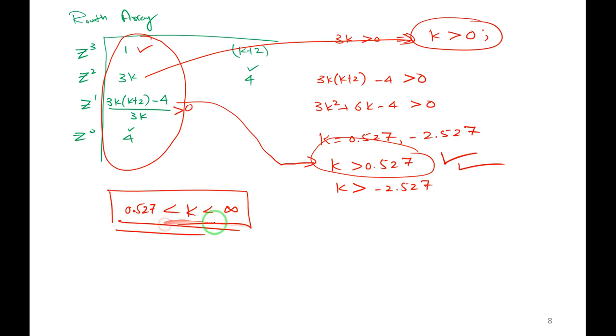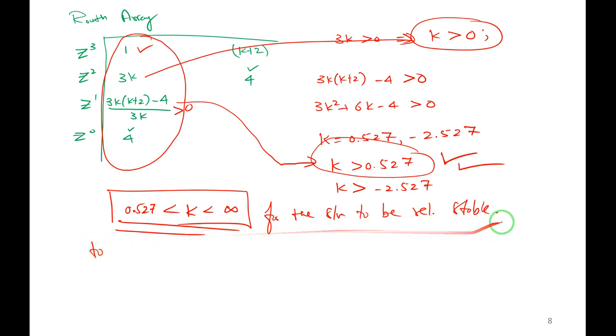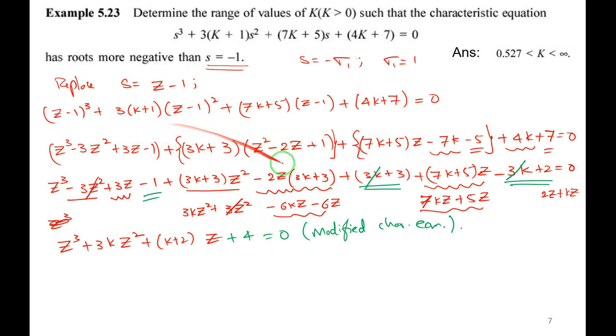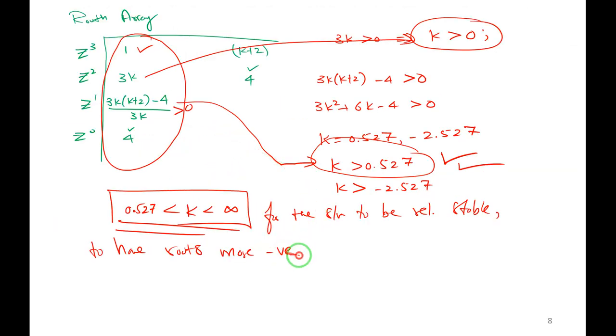This should be the range of values of k for the system to be relatively stable, for the system to have roots more negative than s equal to -1. More negative than s equal to -1. I hope you are getting this.